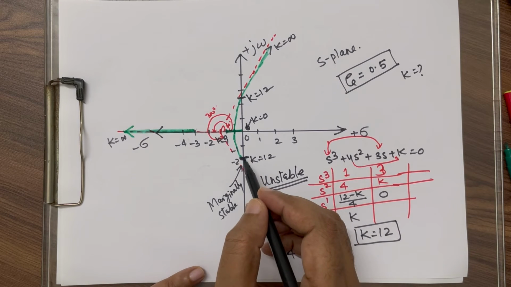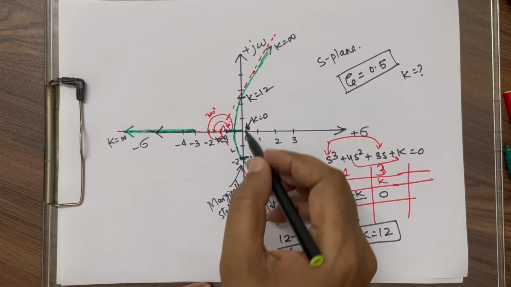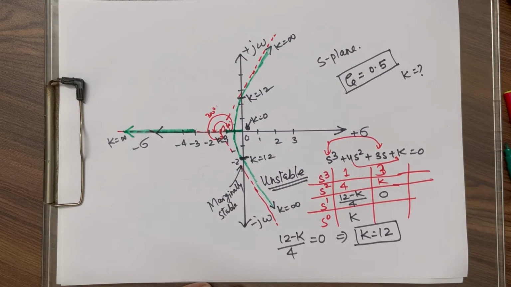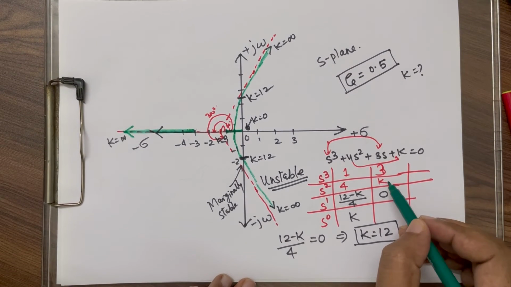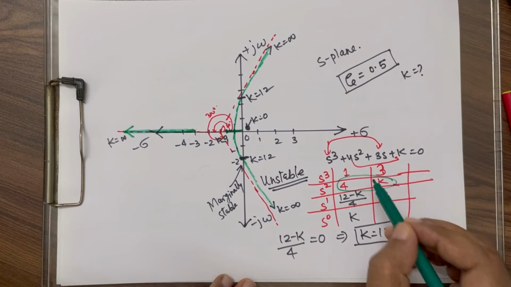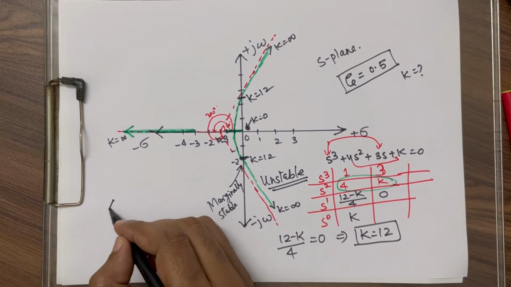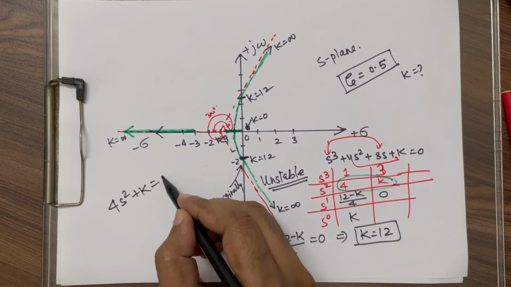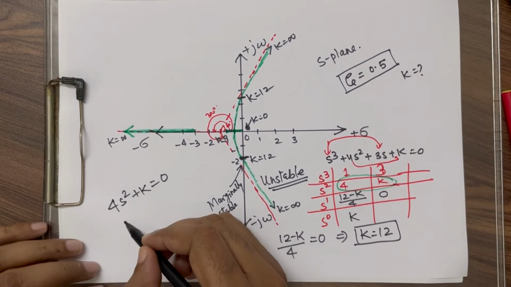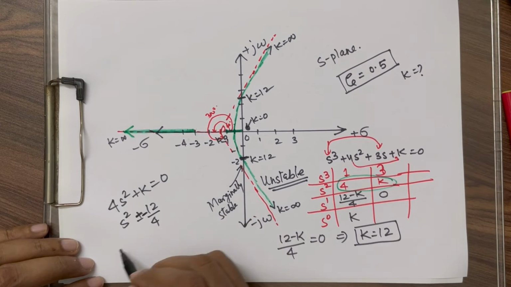So the corresponding value of s will give you the imaginary axis intersection point. And to find that, we just take this as the auxiliary equation. So it is 4s square plus k equal to 0. So s square equal to minus 12 divided by 4.